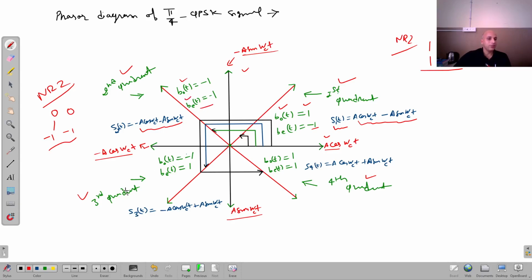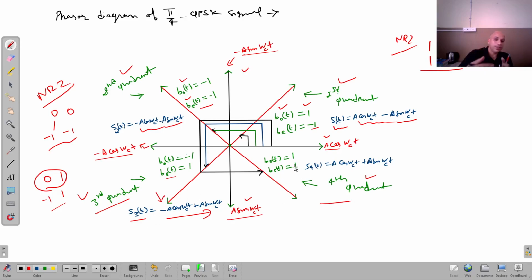Similarly, the next situation is odd bit minus 1 and even bit 1. It means 0 and 1, so in NRZ format it is minus 1 and 1. So this is represented here as S3(t) equal to minus A cos of omega ct plus A sine of omega ct. This is the resultant signal. Similarly, in the fourth quadrant, 1 1.